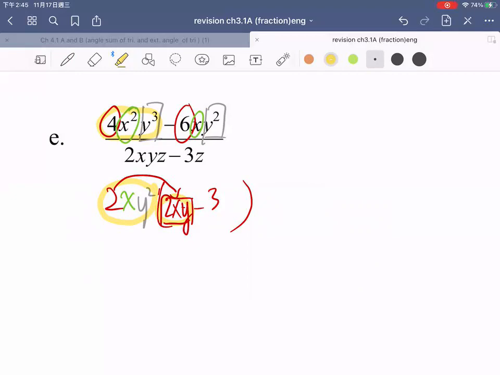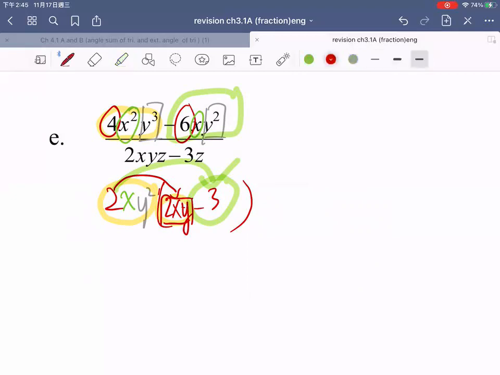And 2xy squared times minus 3 gives minus 6xy squared.